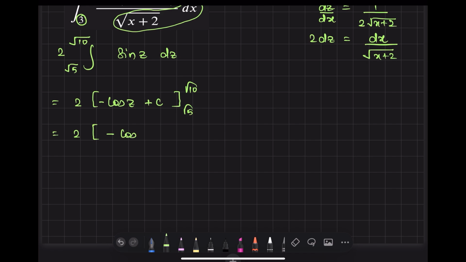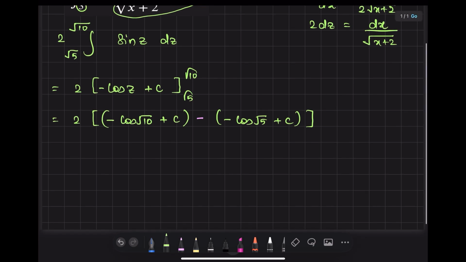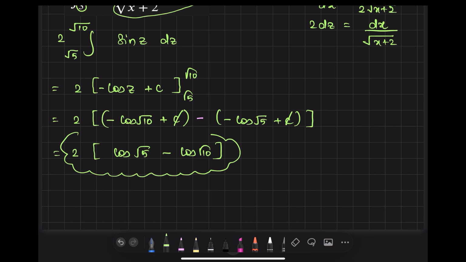So minus of cos root 10 plus integration constant C. Then we have minus, now we will be placing the lower limit, minus of cos root 5 plus integration constant C. Okay, so if you observe, this C and this C will be neutralized, and we will be left with 2 times cos root 5 minus cos root 10. So this is our required result.